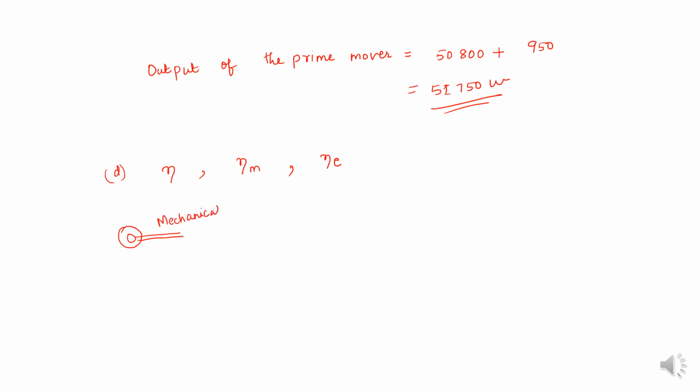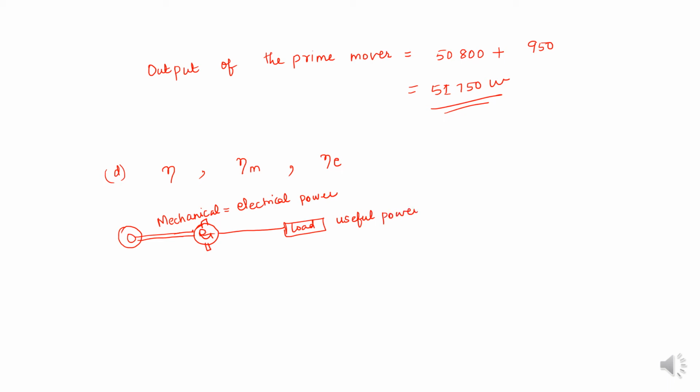In the armature, the mechanical power is converted to electrical power. Afterwards, this is given to the load, and in the load portion, useful power is our final output.